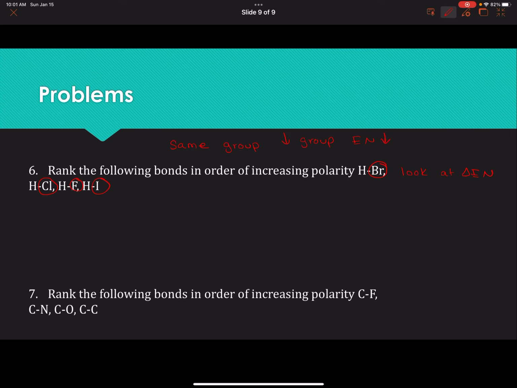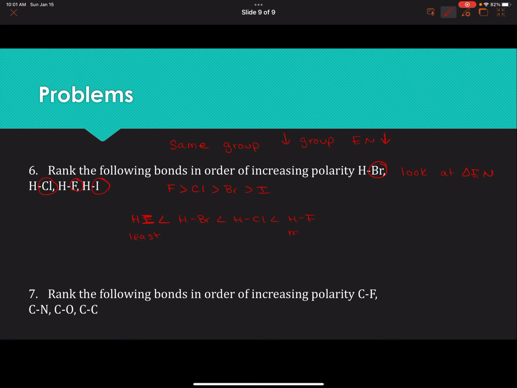So as far as my trends go, my fluorine is the greatest electronegativity, followed by chlorine, bromine, and then iodine. And so my bond polarity is going to follow this same trend. So that means that my HI is going to be the least polar, followed by my HBr, my HCl, and my HF.